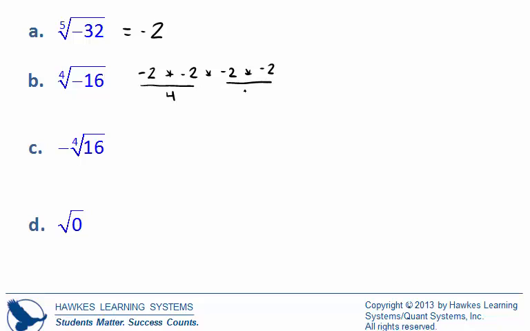These two also give me a positive 4, and 4 times 4 is 16. But we need it to be negative 16. So keep in mind that there's really no way to accomplish this. There's no way to take a number and multiply it by itself 4 times and end up with a negative. And so we simply say that the answer here is not a real number.